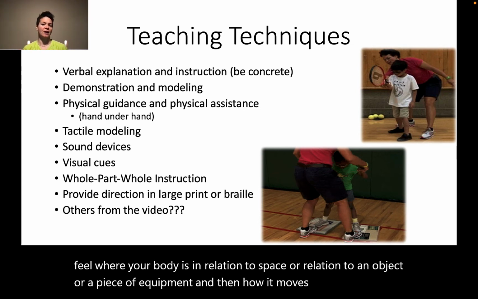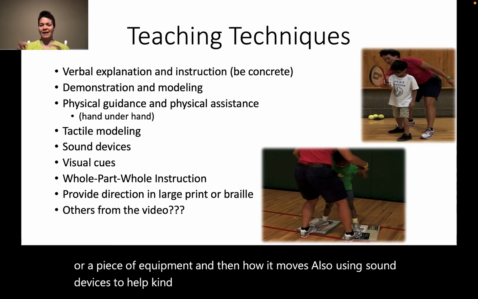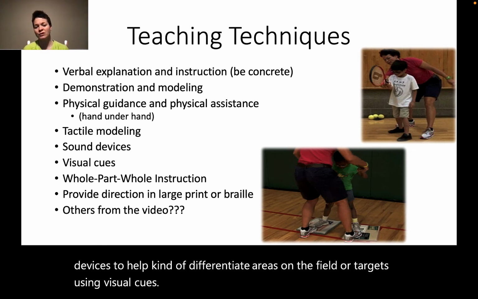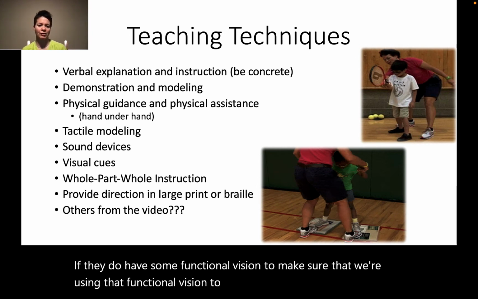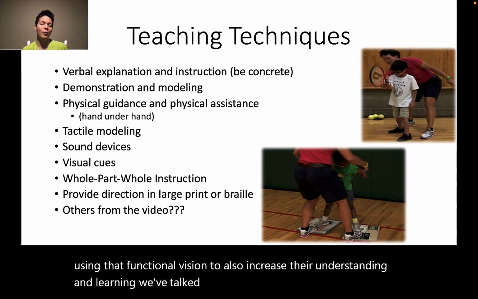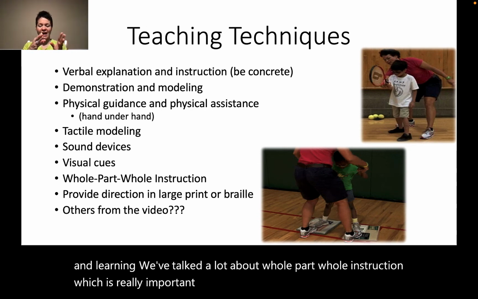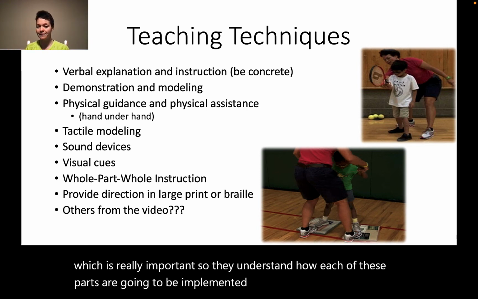Also using sound devices to help differentiate areas on the field or targets. Using visual cues, if they do have some functional vision, to make sure that we're using that functional vision to also increase their understanding and learning. We've talked a lot about whole-part-whole instruction, which is really important, so they understand how each of these parts is going to be implemented into the whole movement.